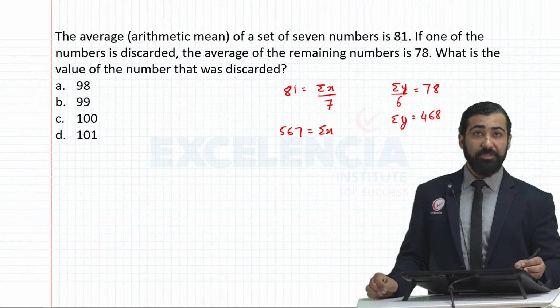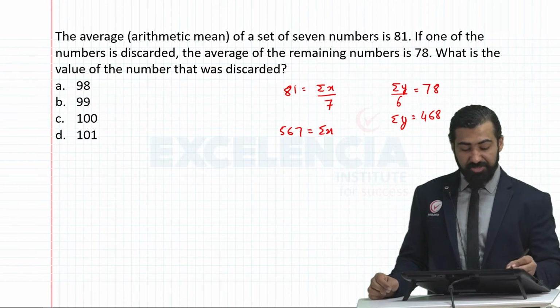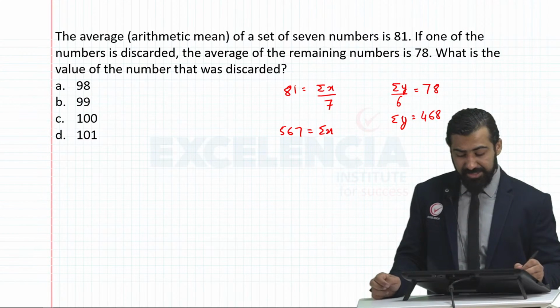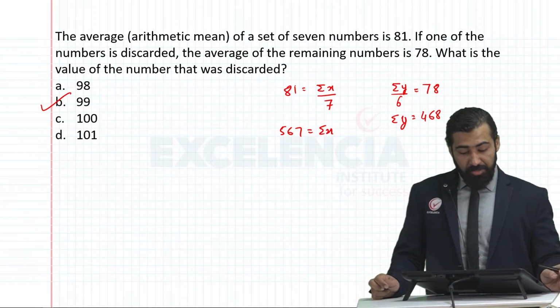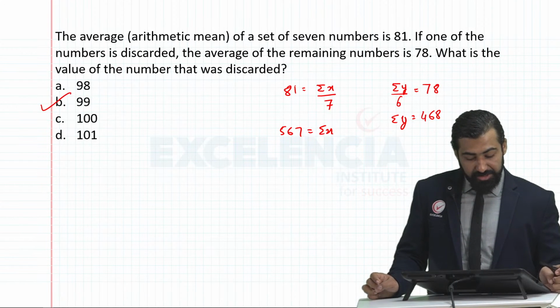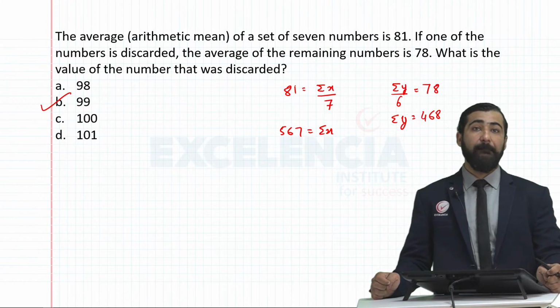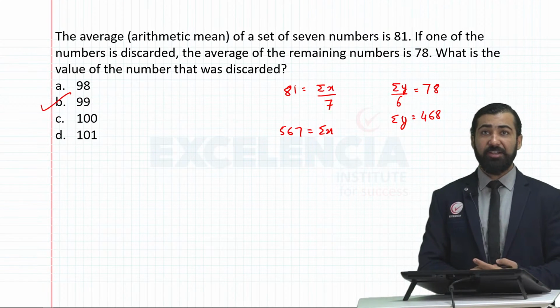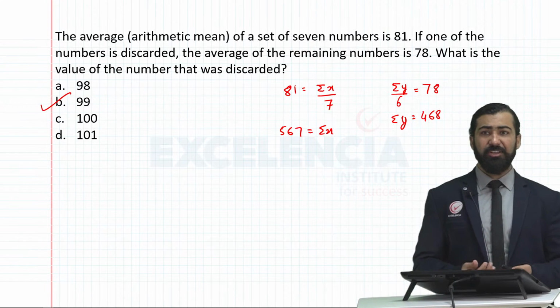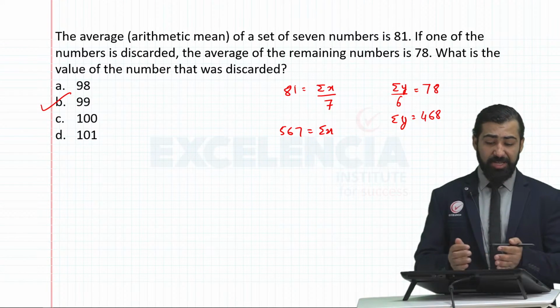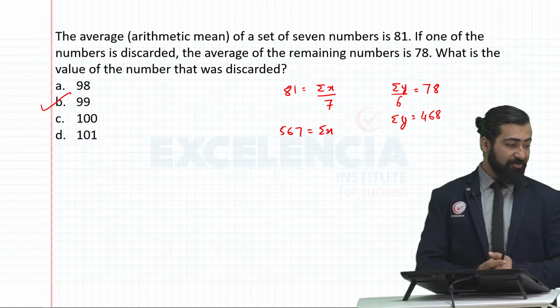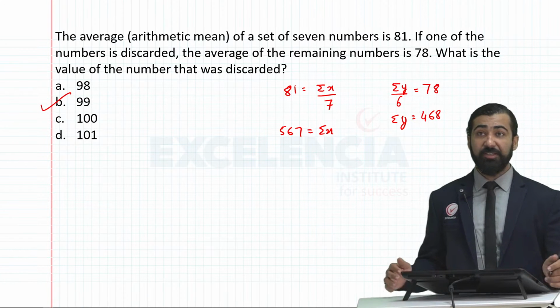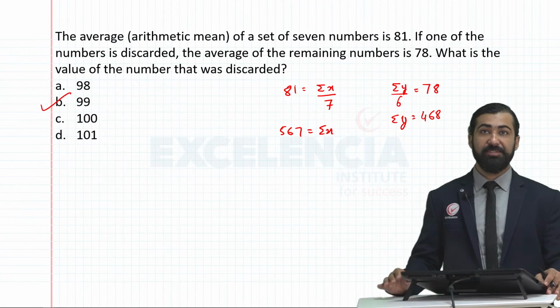So the difference between the two totals, I think it's 99. 99, right? Yes. So the value that was discarded was 99. Basically, I found the total of all the observations in case A and case B, and found the difference between the values in both the cases.